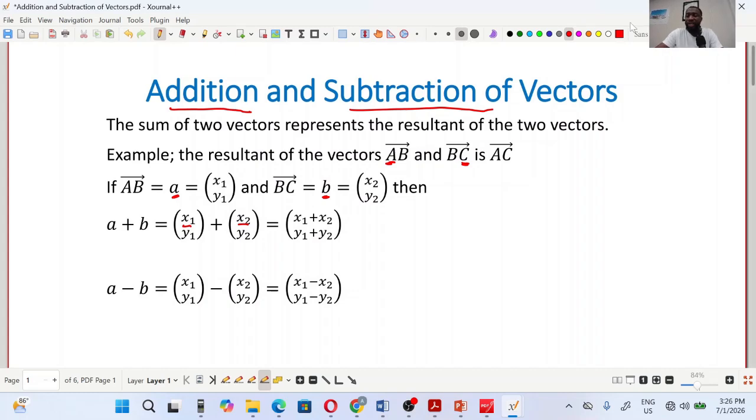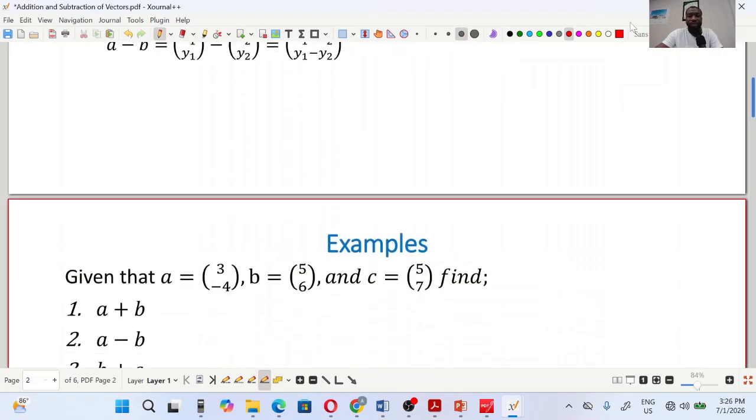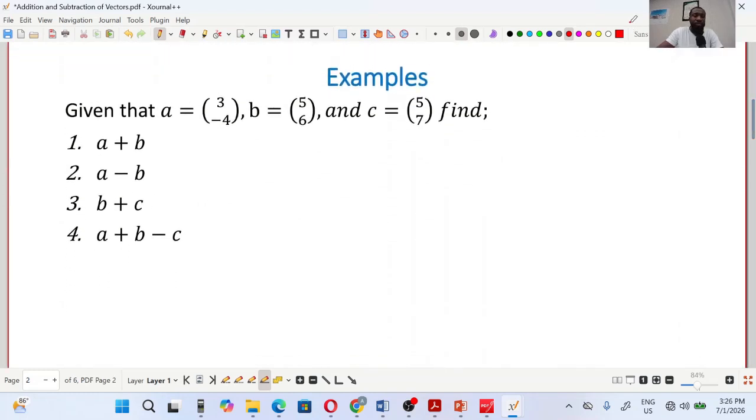So let's take an example from this and see how it looks. Examples. Given that the vector A is equal to (3, -4), B is equal to (5, 6), and C is equal to (5, 7). Find number one, vector A plus vector B. If I'm supposed to add vector A plus B, remember this is going to be my x1 and this is going to be my y1.